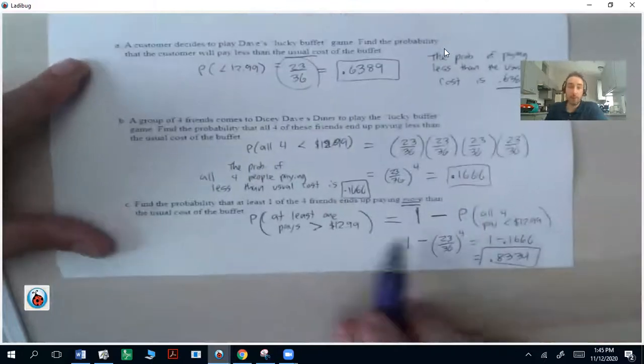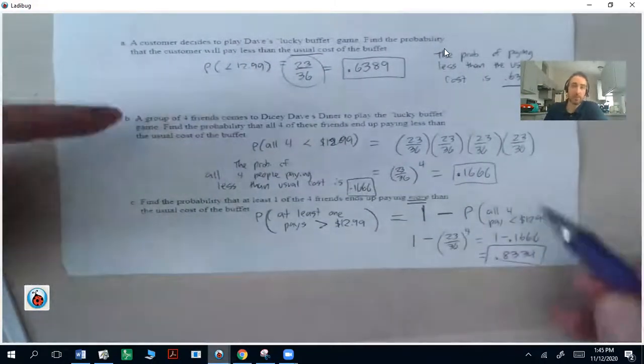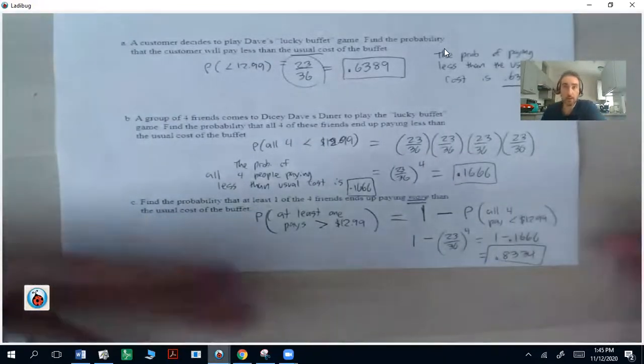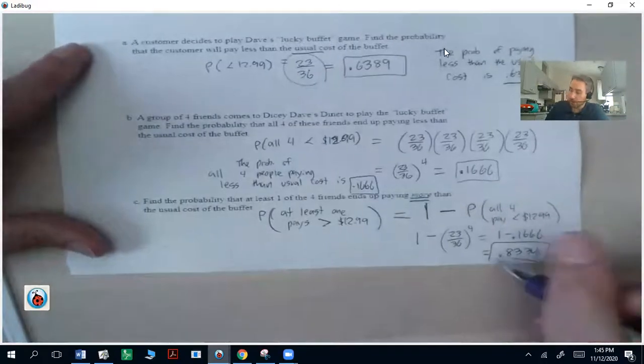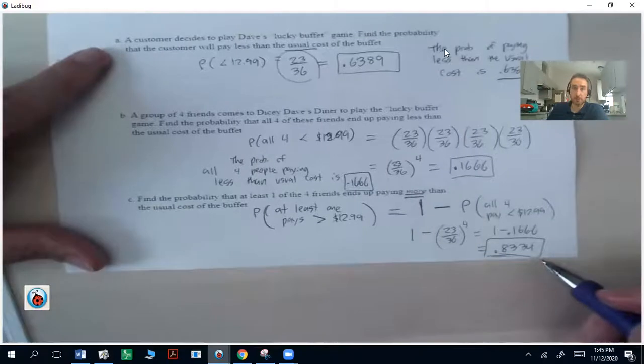And then finally, the probability of at least one paying more than $12.99 is the same as the complement of all of them paying less than the usual cost. I'm not going to write all that out, but these 3 numbers are what's important here.